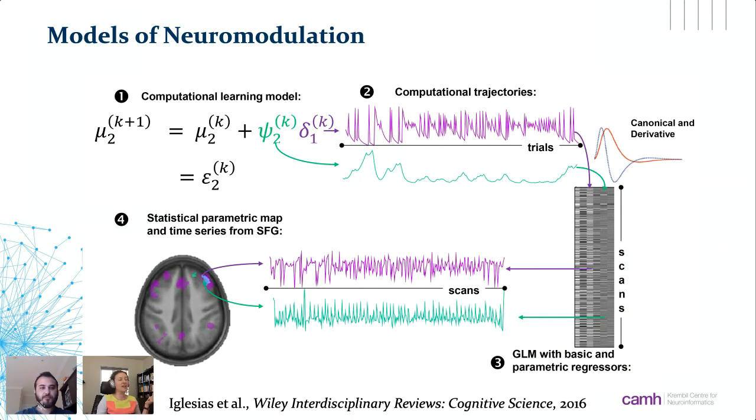We want to explain changes in brain activity, or if we take functional magnetic resonance imaging, for example, changes in voxel time series as a function of these computational quantities, such as precision-weighted prediction errors. We express these in our general linear model, and then we look at what parts of the brain change as a function of these quantities.